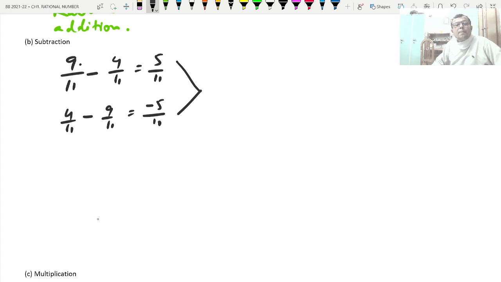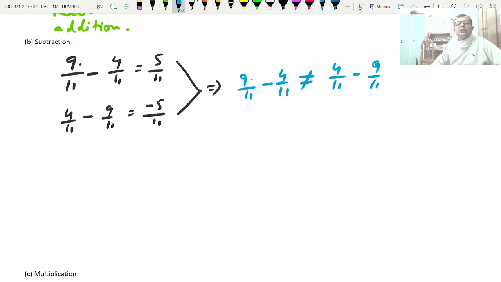Are these the same? 9 by 11 minus 4 by 11 is not equal to 4 by 11 minus 9 by 11. If you subtract in reverse order, the answers will not be the same.